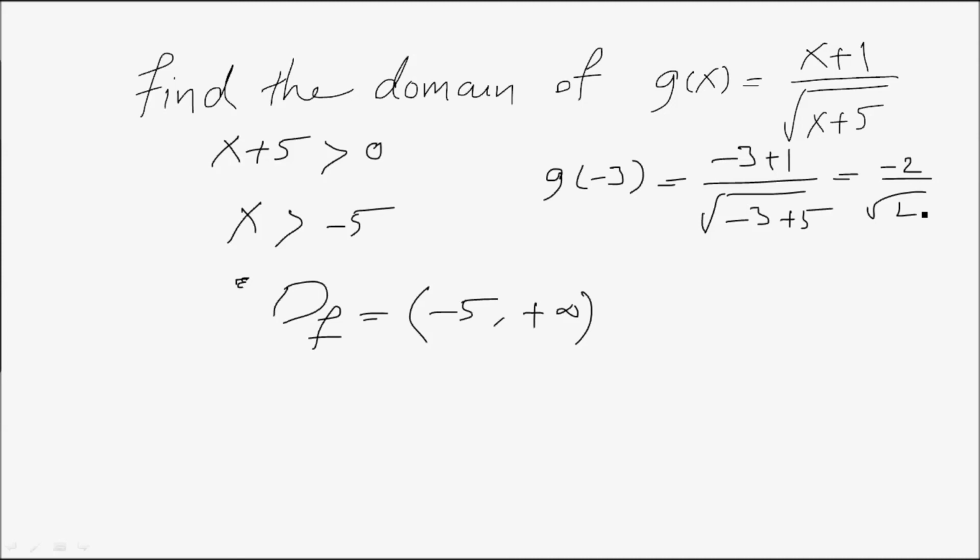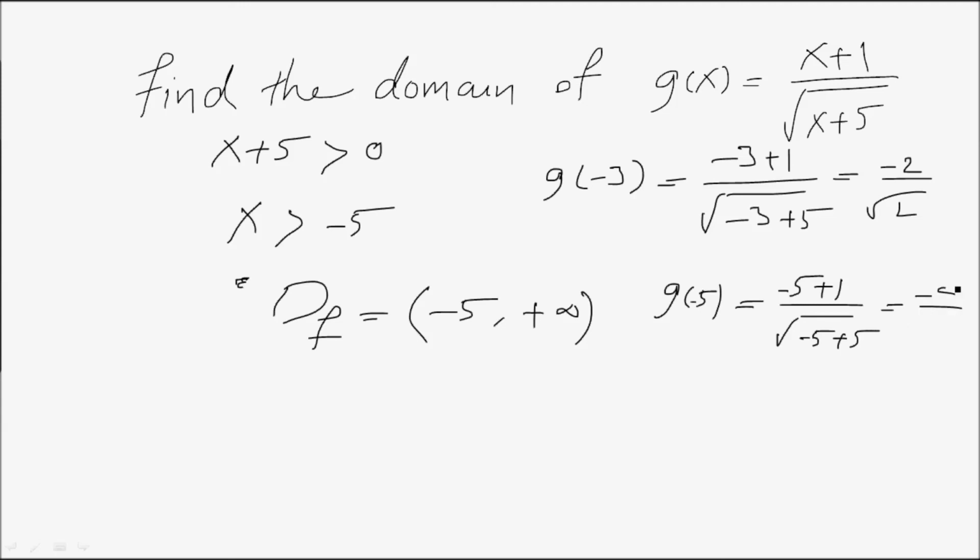But negative 5 is not accepted input to this function, because, for example, g of negative 5 gives me negative 5 plus 1 over radical negative 5 plus 5.